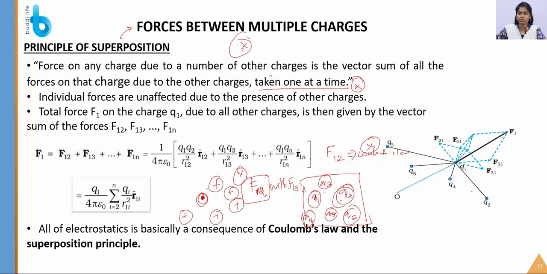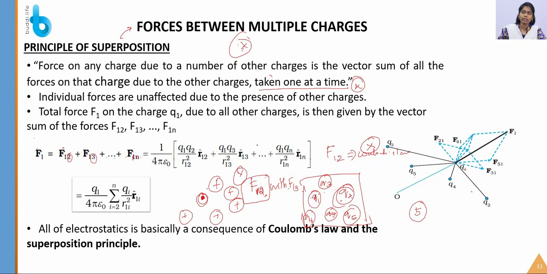There are n number of charges present in the system, say q1, q2, q3, q4, q5, so there are 5 charges in the system. The force experienced by q1 is equal to F12, the force experienced by the charge due to q2, plus the force experienced by charge 1 due to q3, and so on, up to the force experienced by charge q1 due to n charges.